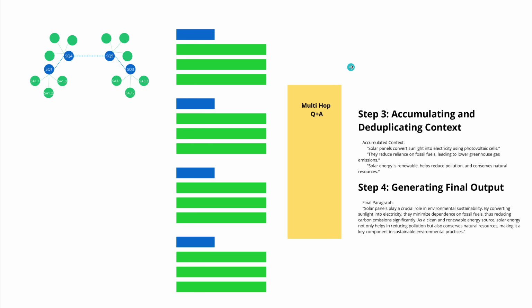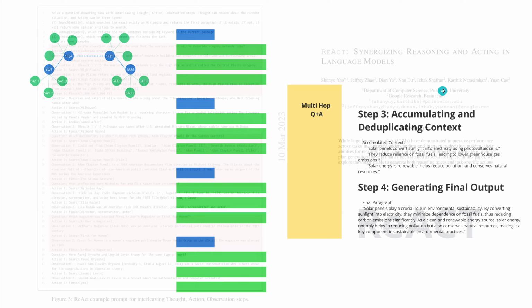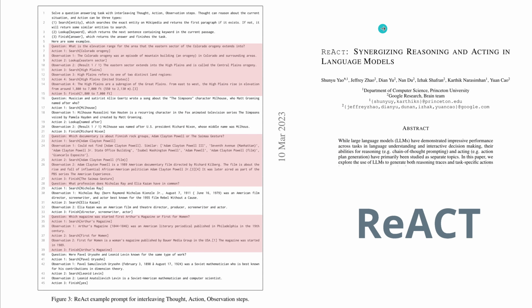Beautiful. Now, you remember step 3 was just accumulate all the text that we get, deduplicate, whatever is duplicate or triplicate, just delete it. You just need it once, and then GPT-4 or whatever system you have generates the final output. And you might say, do we have to do this for each prompt? No. Remember ReAct.